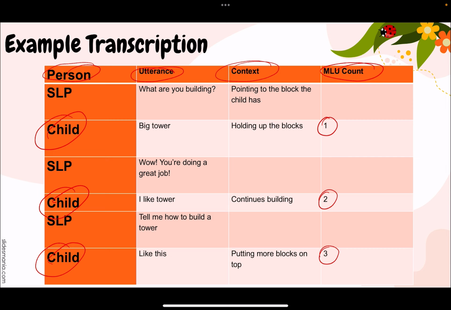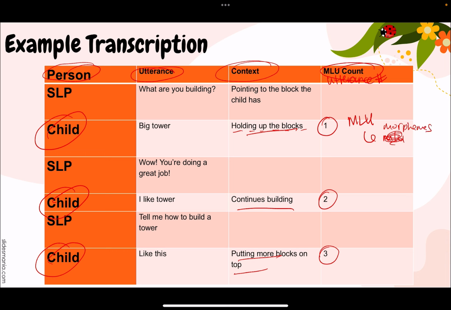And so the MLU count, oh, I'm sorry. This is the utterance number. There is an error on this slide. I apologize. This is an utterance number. So this is number 1, number 2, number 3. The MLU is different. So actually, let's count it real quick. 1, 2, 3, 4, 5, 6. There are 6 morphemes here.